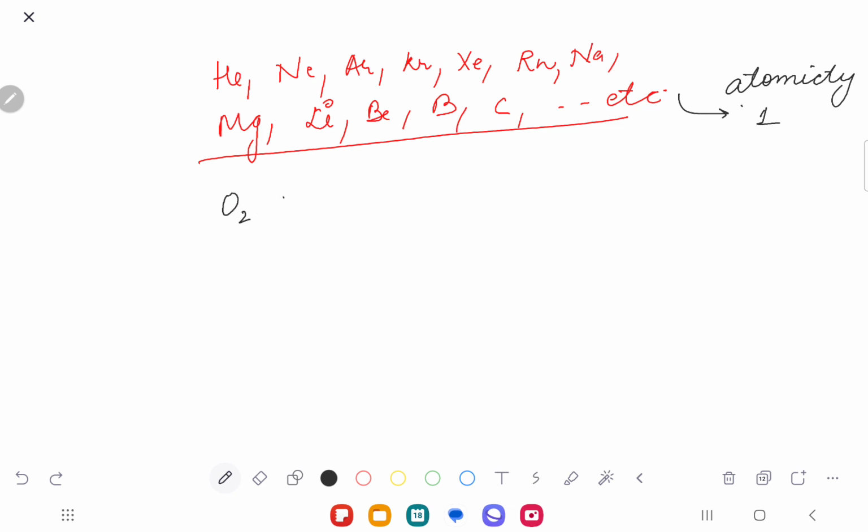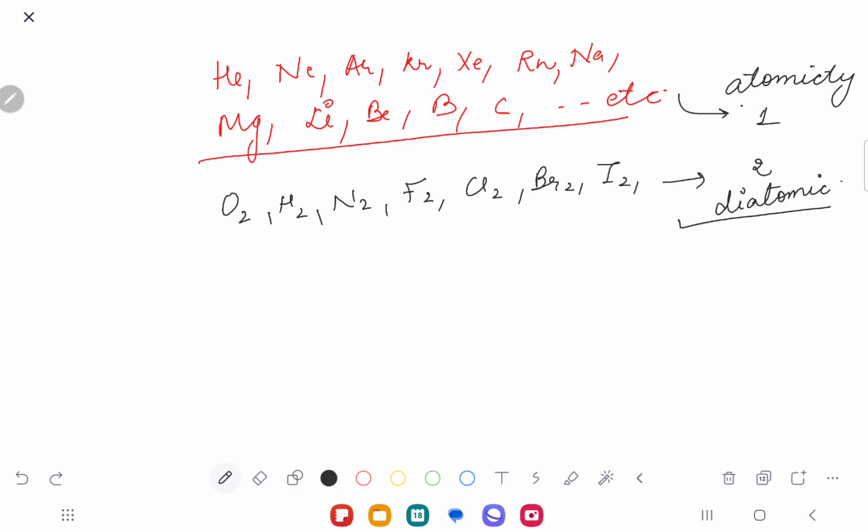When I say O2, H2, N2, F2, Cl2, Br2, I2, their atomicity is 2. So we call it diatomic. Understood or not? O3, CO2, H2O.